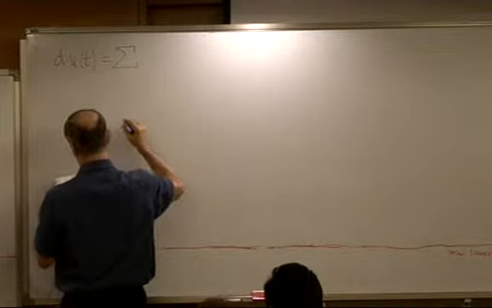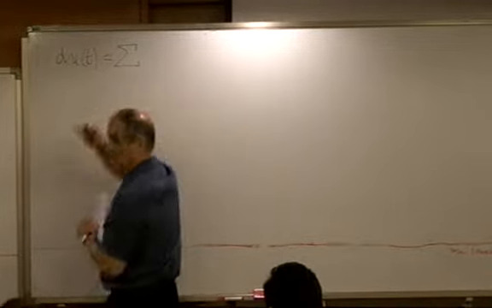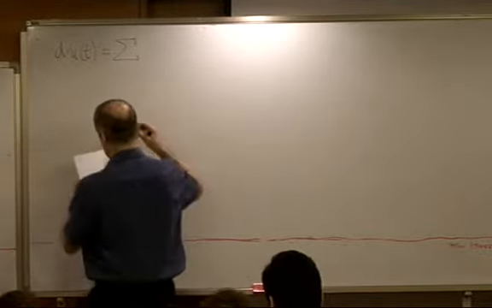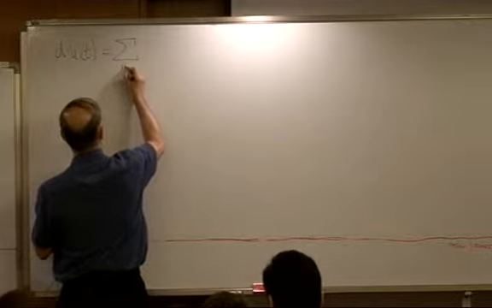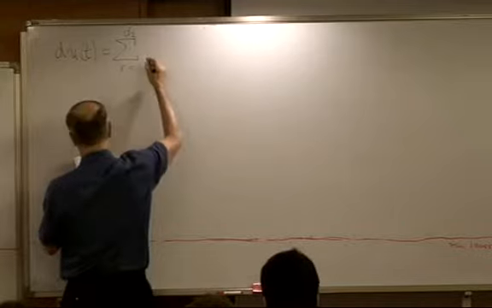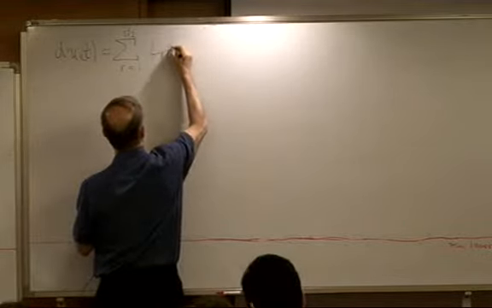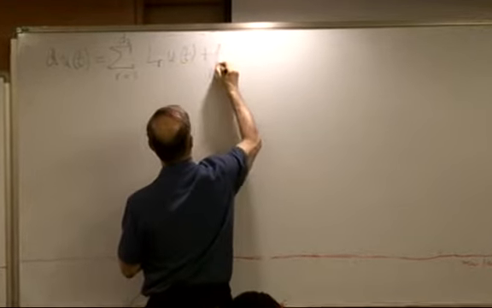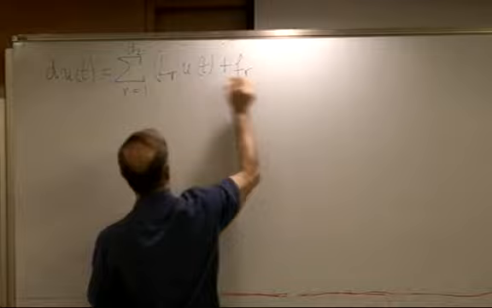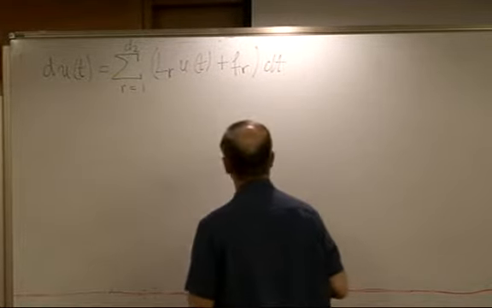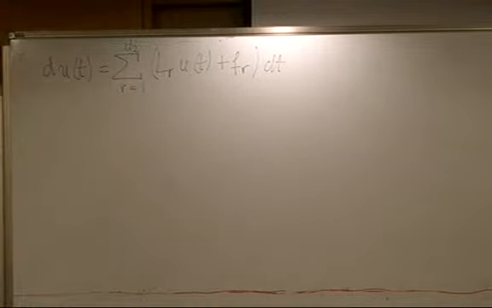The operator on the right hand side is written as a sum of operators, here r from 1 to d2, L_r u(t) plus f_r dt. So the title is Splitting Up Methods for SPDEs.